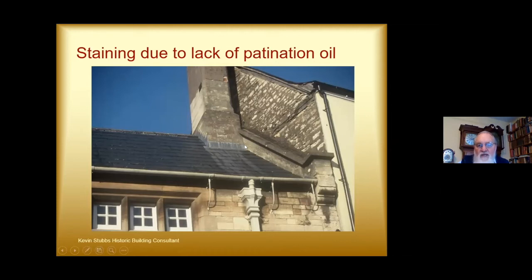The way to get over this is the use of patination oil, which will give an immediate protective coat to the surface of the lead. You get a chemical action which then overcomes this problem of natural surface patination.